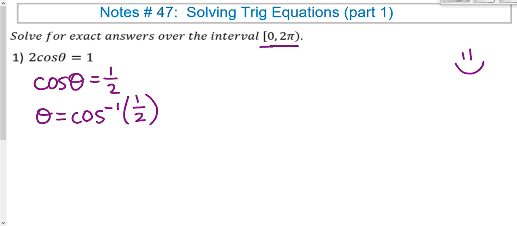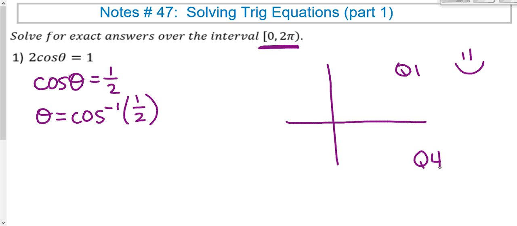However, because we're looking for all answers in our interval from 0 to 2 pi, you want to think about every quadrant where cosine is positive. Cosine is positive in quadrant 1, and cosine is positive in quadrant 4. So let's draw a reference triangle in quadrant 1 and a reference triangle in quadrant 4. And cosine is 1/2, so we'll put 1 on the adjacent and we'll put 2 on the hypotenuse.